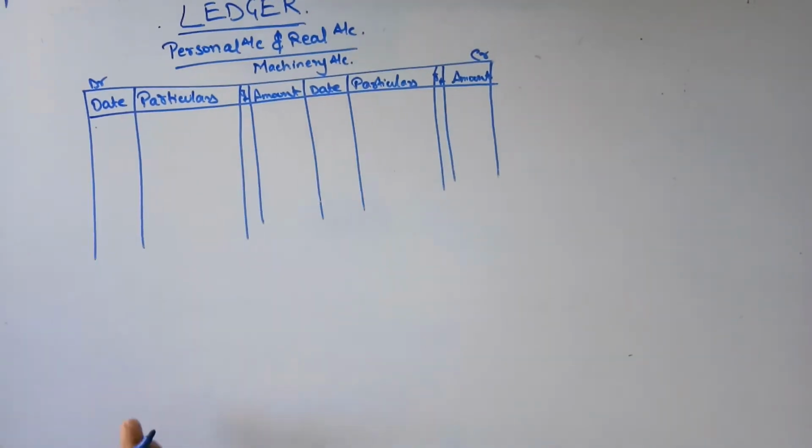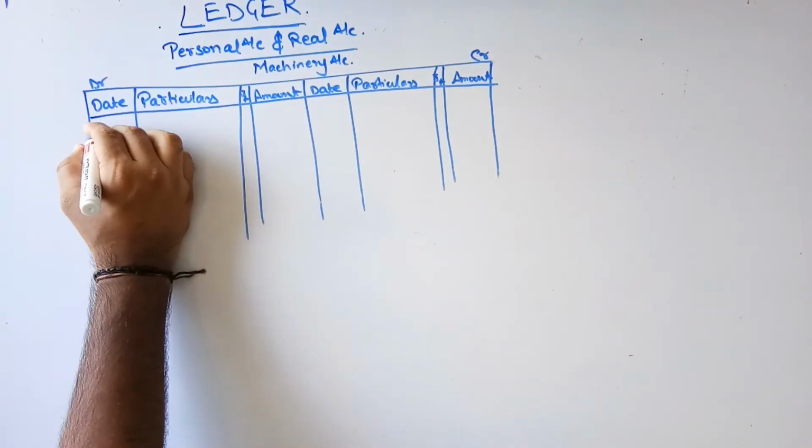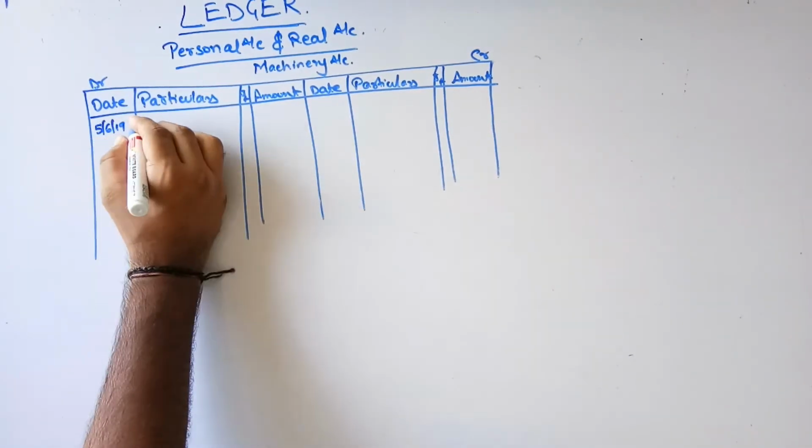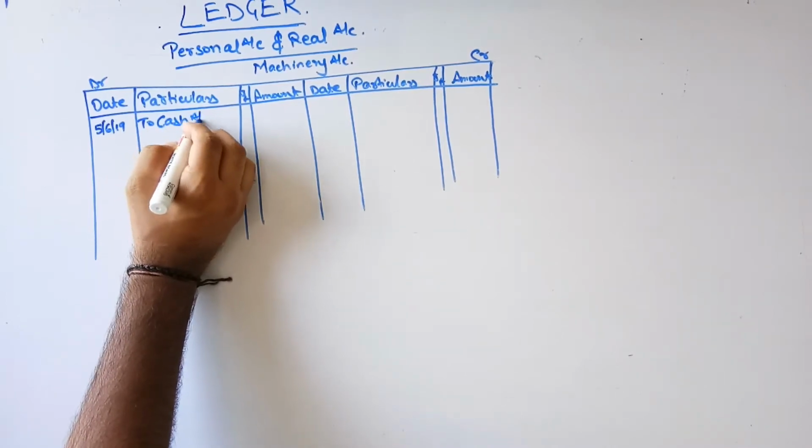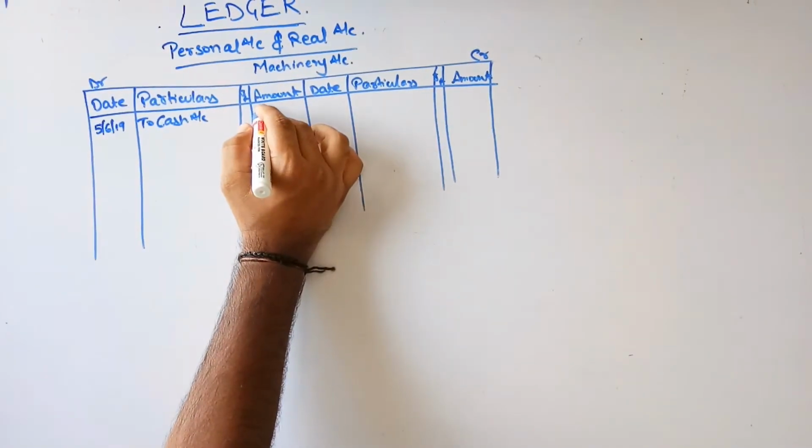What we had: machinery account debit, the date was 5th of June. Machinery account debit to cash account. We had 50,000, right?